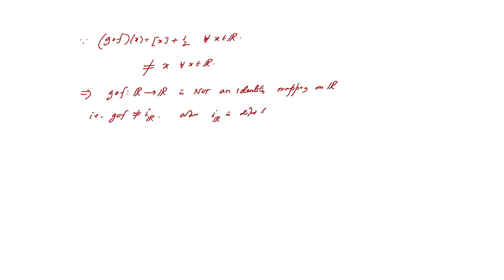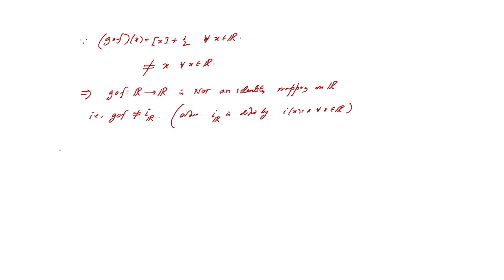So that means g composed f from R to R is not an identity mapping on R. So g composed f is not equal to the identity mapping on R. What is I_R? The identity mapping on R is defined by I(x) equals x for all x belonging to R.